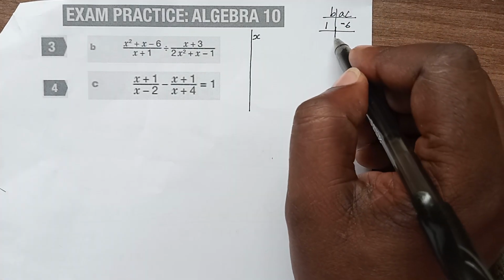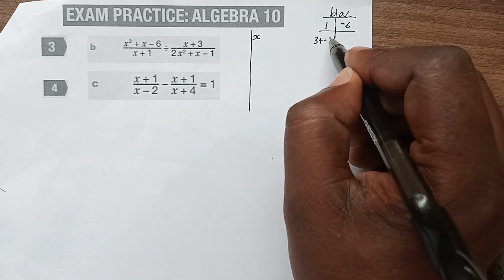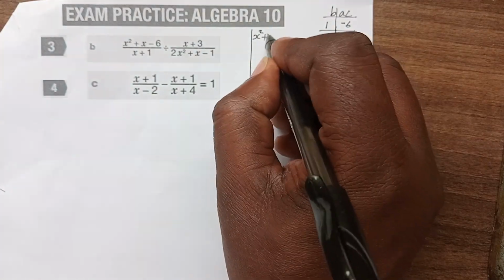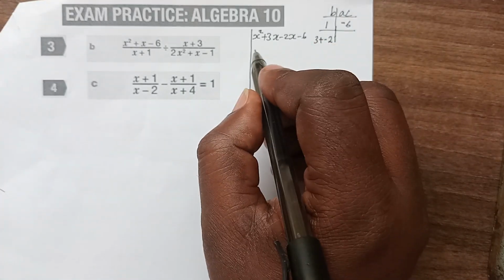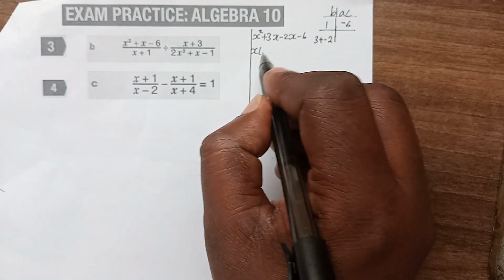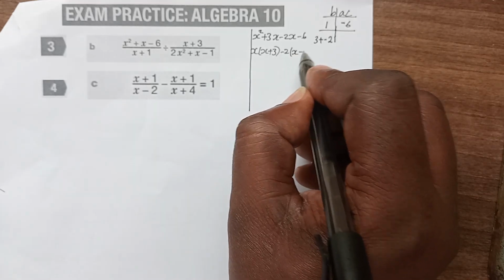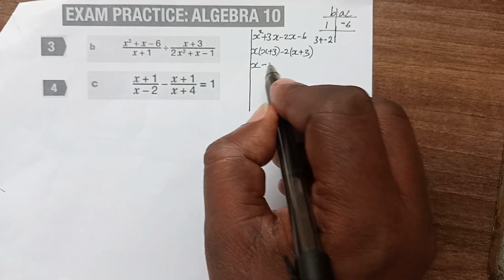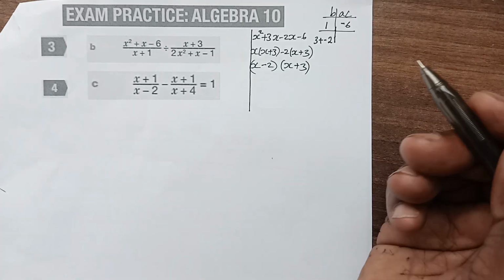So as you can see, we clearly have 3 and minus 2. So we have x squared plus 3x minus 2x minus 6, and we have x(x plus 3) minus 2(x plus 3). And we finally have (x minus 2)(x plus 3).